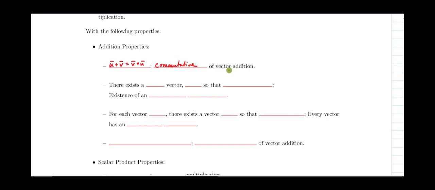Also, there exists a 0 vector in our vector space, and we write it this way, the 0 with the line over it, that belongs to our vector space, so that when we add the 0 vector to any other vector, we end up with just that original vector. Okay? So we say that this gives us the existence of an additive identity.